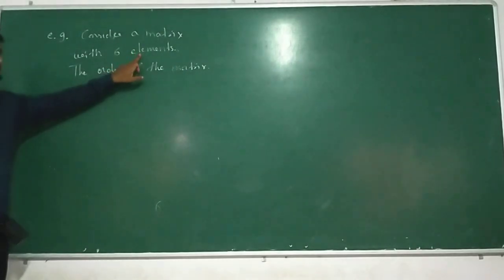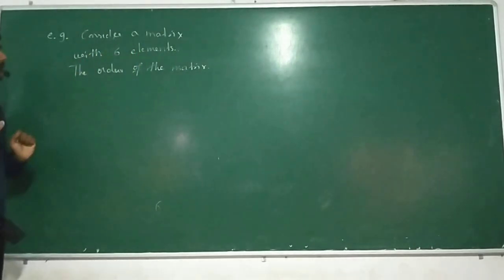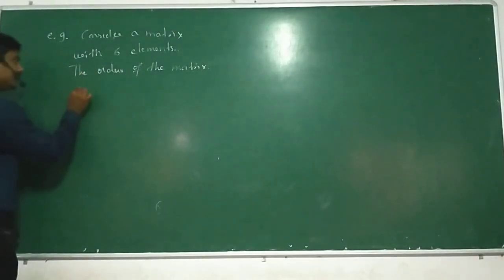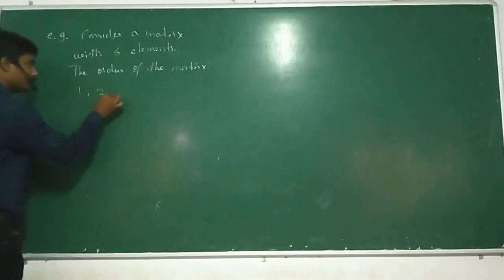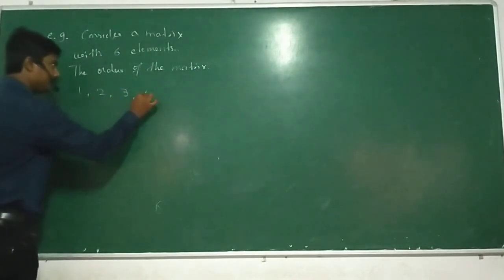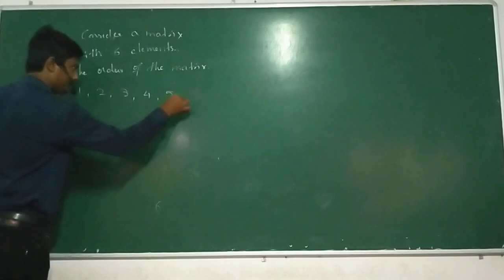We are asked to write down the possible orders of the matrix, right? So for time being, I will take elements as 1, 2, 3, 4, 5, 6.